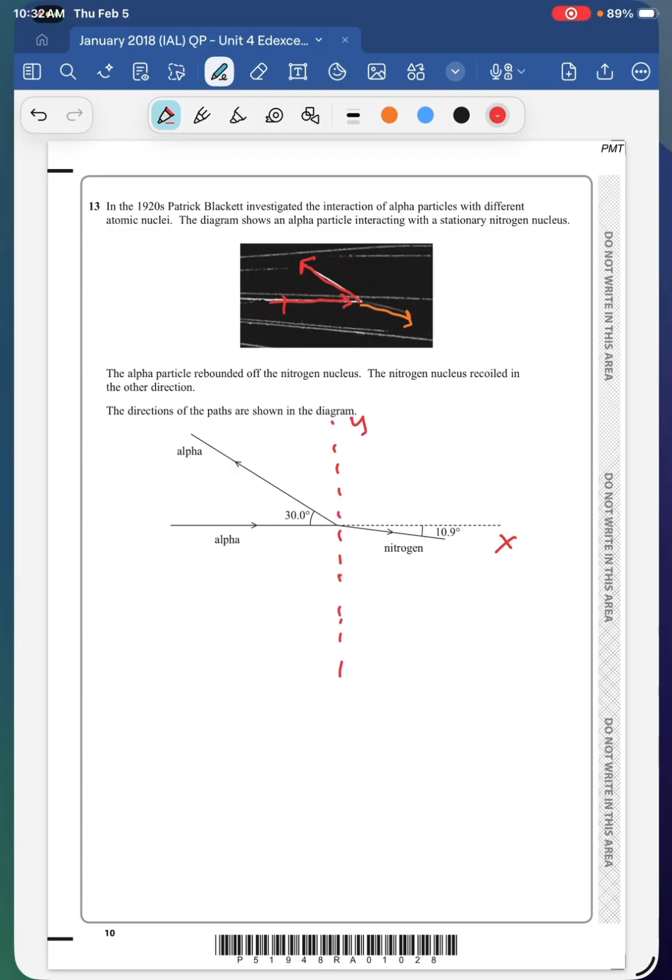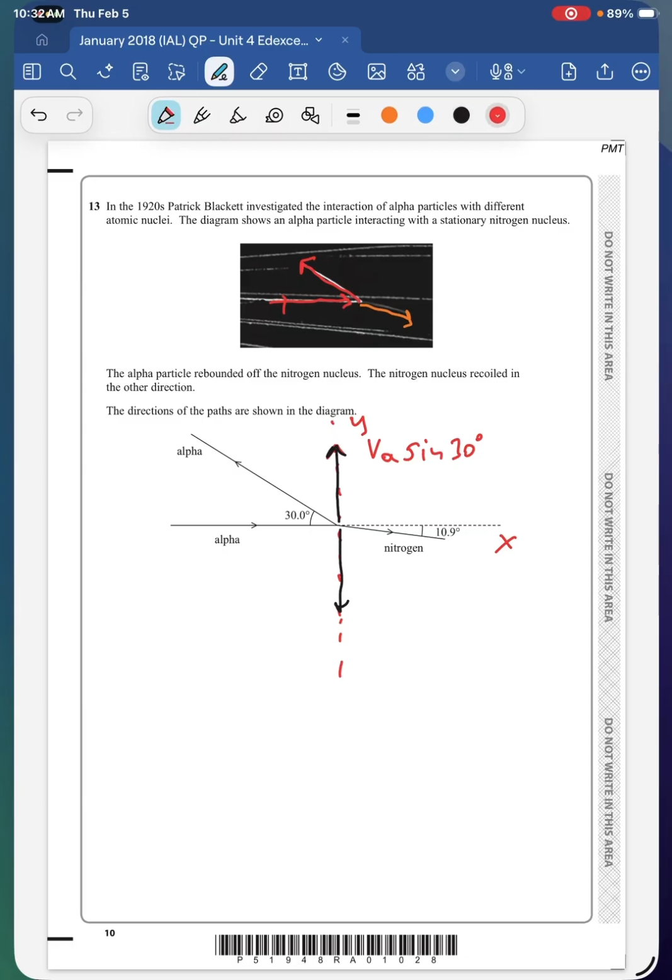So what's the y component of the speed of the alpha particle? Let's call it v_a sine 30 degrees. And for nitrogen, the y component of the velocity, and therefore the momentum, since momentum analyzes the same way as the velocity.